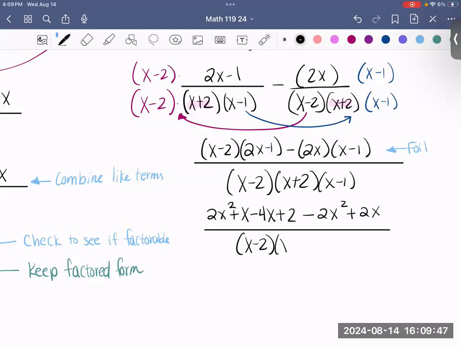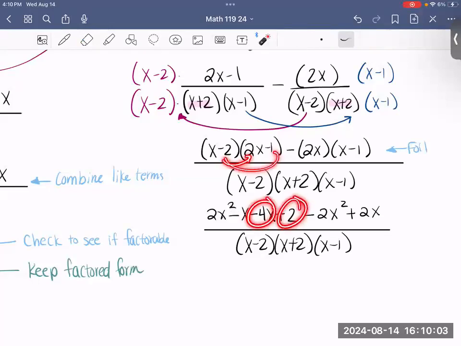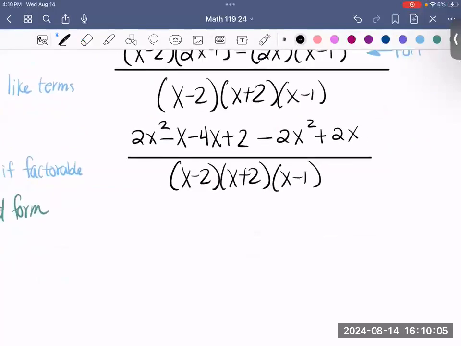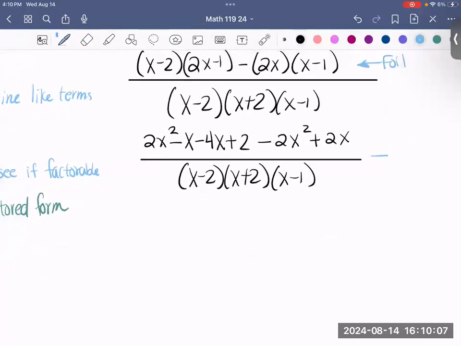Minus 2, x plus 2, and an x minus 1. Let me just see that I checked and did that right. A little on the distracted side. Nope, that's a minus. There we go. Okay. Combining your like terms.